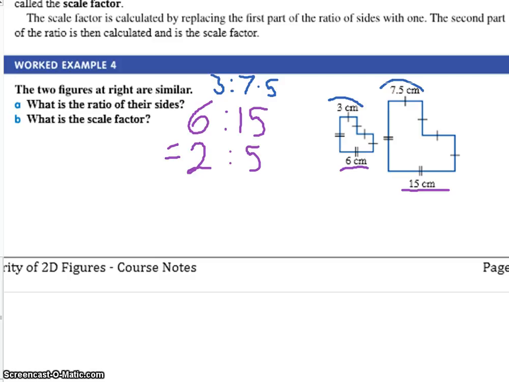Couldn't it simplify to 2 to 3? No, because how many 2's go into 3, and how many 2's go into that? You'd get 7.5. But that also goes to prove that they are in proportion as well.